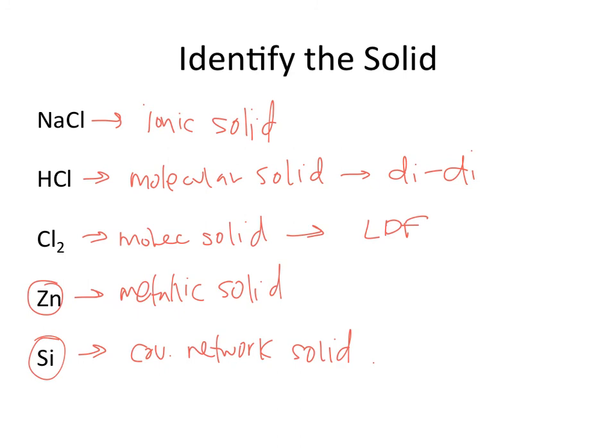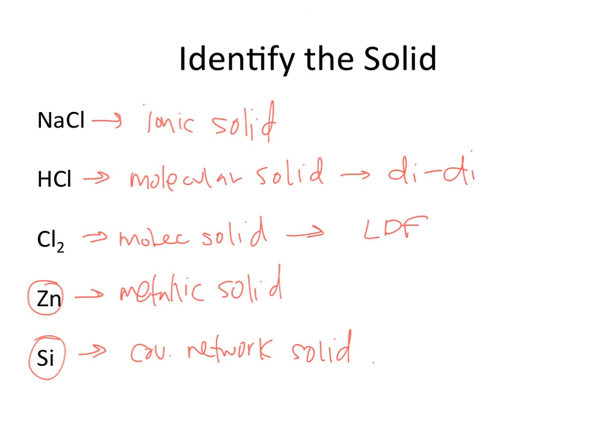We do want to be able to identify features associated with these different substances. Ionic solids occur in lattices. They have high melting points. They're brittle. Why are those the case? We should think those through. Molecular solids typically have low boiling points and low melting points.